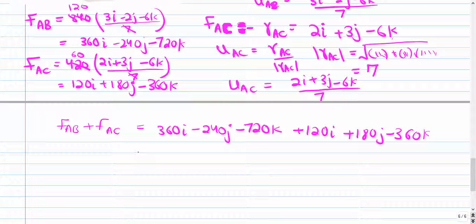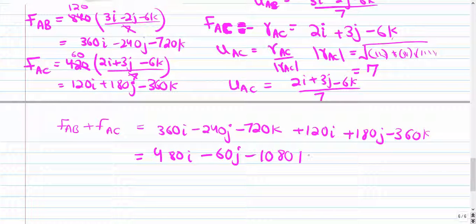Now we can add each i, each j, and each k to each other, and what we end up with is 480i minus 60j minus 1080k. So this is the resultant vector. This is the Cartesian form of the resultant vector.